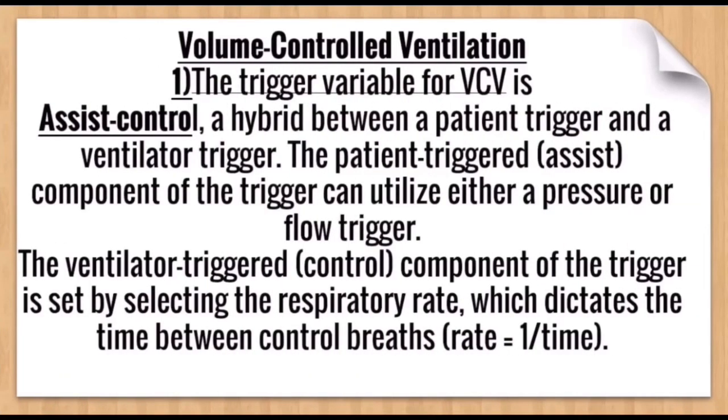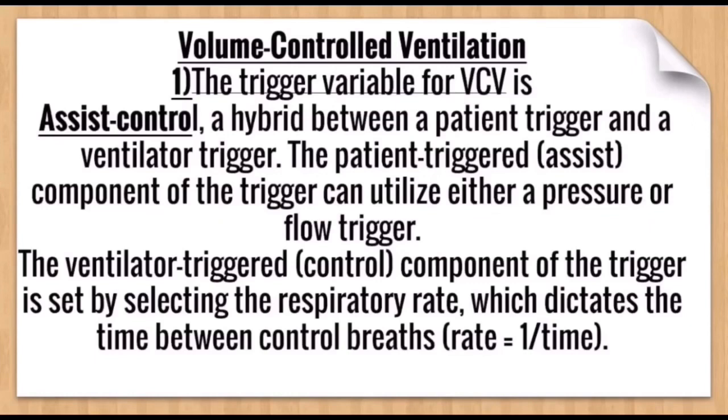Now, in volume control ventilation, the trigger variable is assist control. So that is the hybrid mode of triggering where both the patient as well as the ventilator are triggering. The patient is triggering by the change in flow or pressure, and the ventilator is triggering by the respiratory rate we have set. So that will dictate the time between the control breaths.